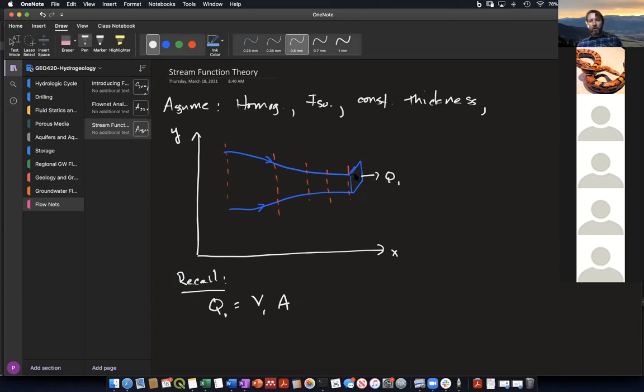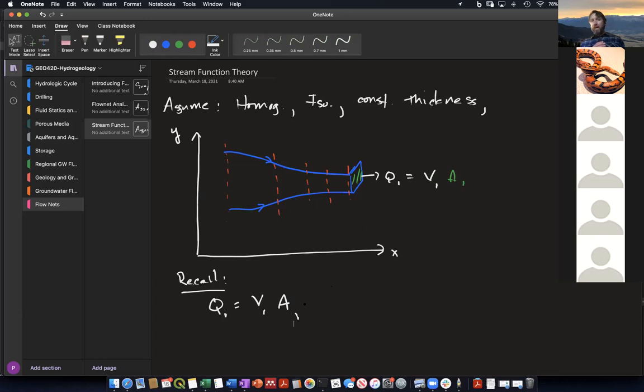Q1 here would be the fluid velocity at this point, V1, times the cross-sectional area, A1. So one fundamental equation in hydrology is that the discharge is equal to the fluid velocity times the cross-sectional area.